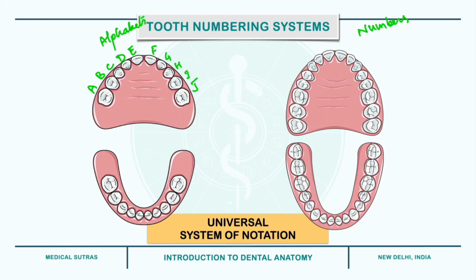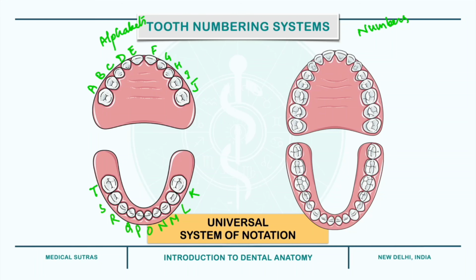In the lower arch, the alphabetical sequence continues from the lower left second molar and continues again in a clockwise direction and finally ends at the lower right second molar.